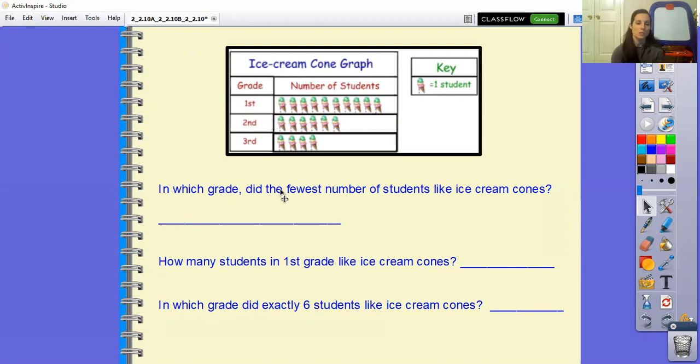So it said, in which grade did the fewest number of students like ice cream cones? When we see our keywords here is fewest. You can underline that. Fewest meaning the least amount. So we can look quickly at our pictograph and we can see the one that has the fewest amount is 3rd grade.